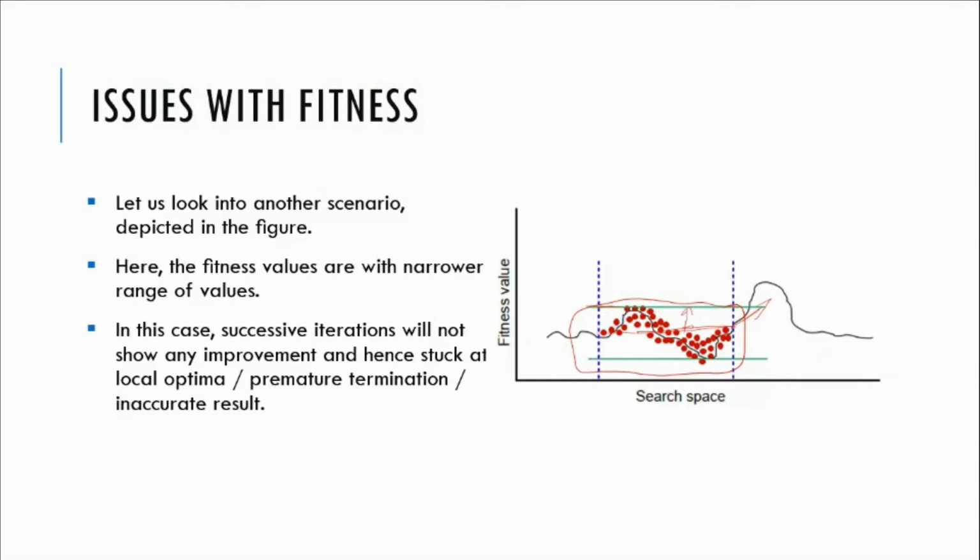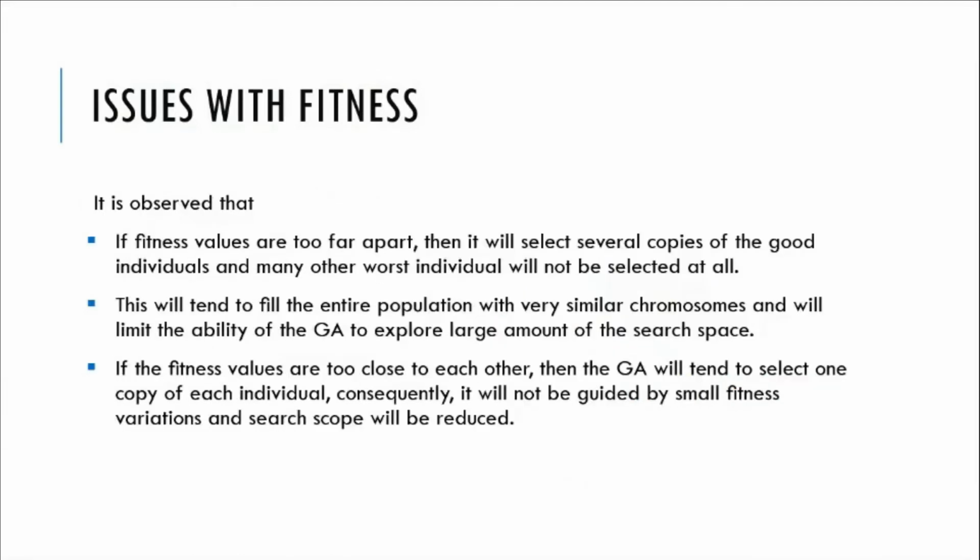So there is a chance of premature termination. That is, the algorithm will terminate prematurely, without finding the global optimum, or it doesn't undergo a sufficient number of iterations to escape from this particular scenario. So that is another issue with our normal fitness values.